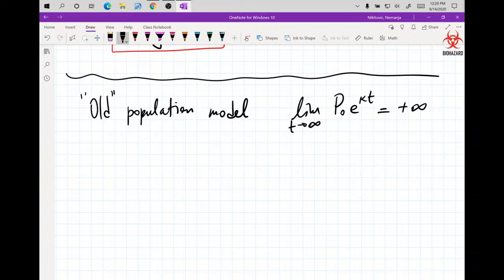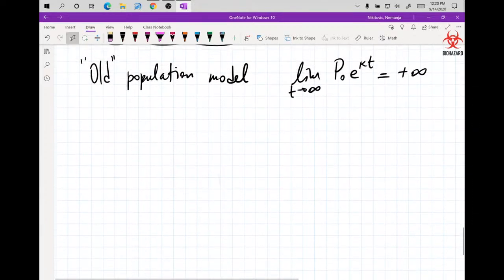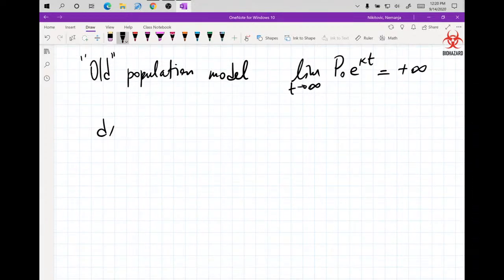So the question for us is to solve the differential equation that looks like this: dx/dt is equal to ax minus bx squared. Right, so this is something we want to solve using separation of variables.